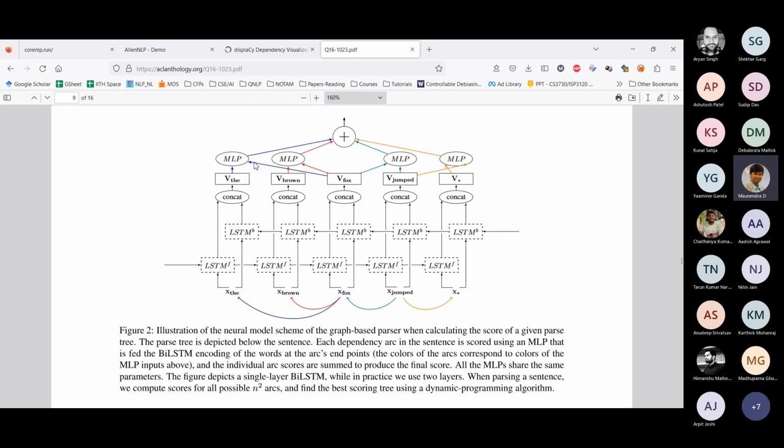The same MLP, with the same weights, will be shared across all these MLPs and will also give scores for the other possible edges. If we add up those scores, finally we have the total score for this parse tree. Now, if there are some m possible parses, we'll compute these m different scores, and then we output the one which has the highest score.